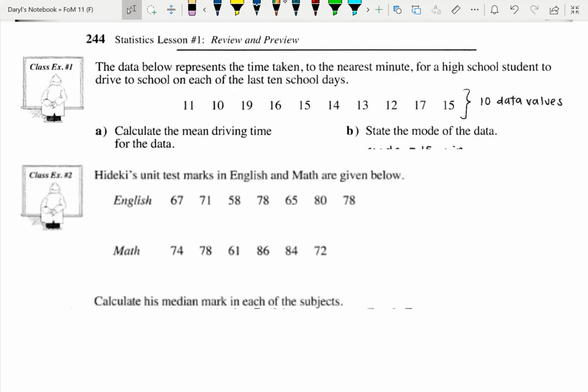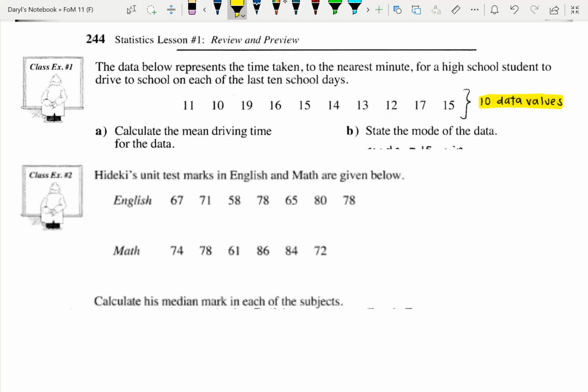It contains 10 data values: 11, 10, 19, 16, 15, 14, 13, 12, 17, and 15. These correspond to the number of minutes.